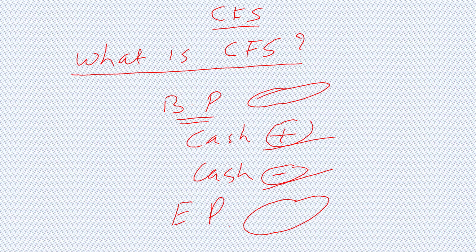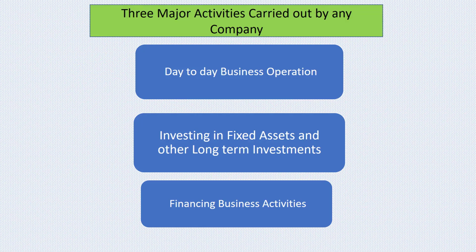Let me elaborate this concept with an example. Usually a company is involved in three activities: day-to-day business operation, investing in fixed assets and long-term investment, and financing business activities. Whenever they are involved in each of these activities, the company either receives cash or spends cash.